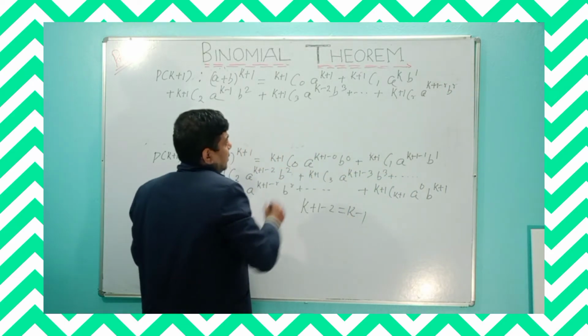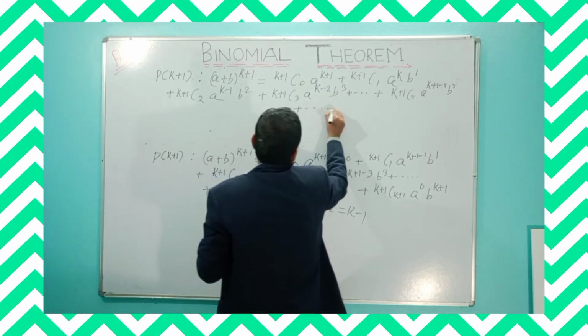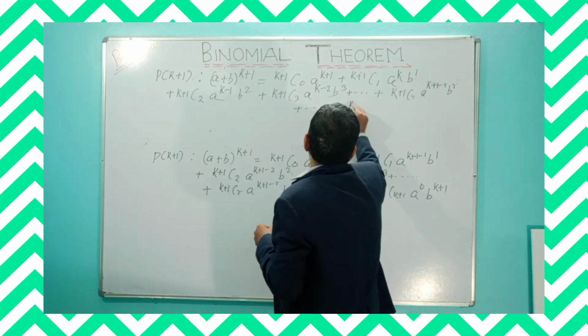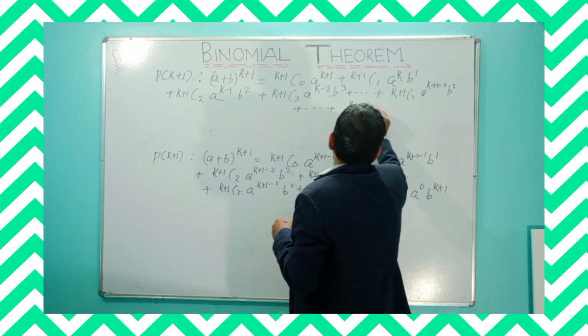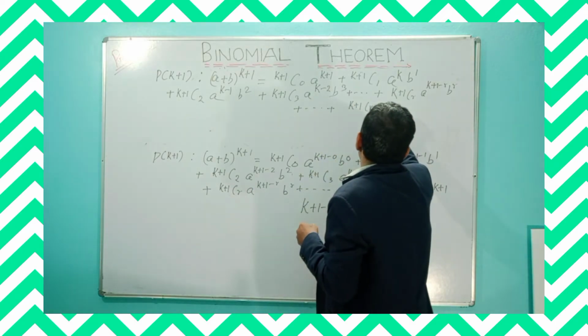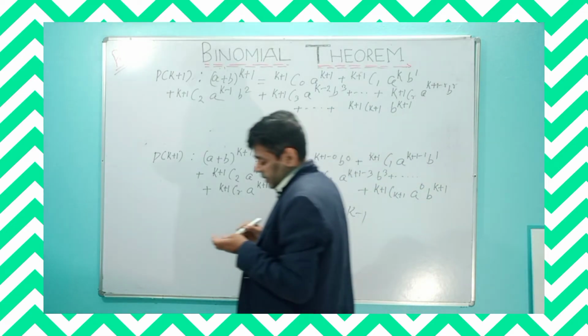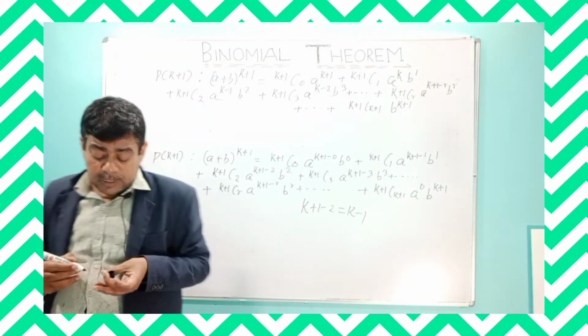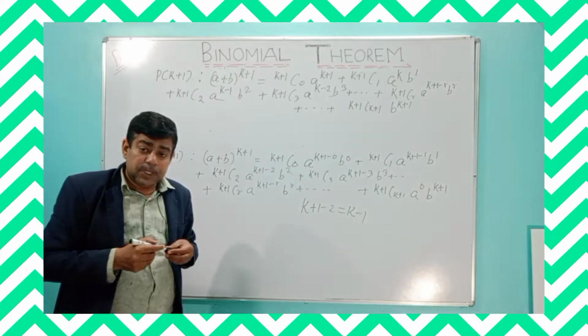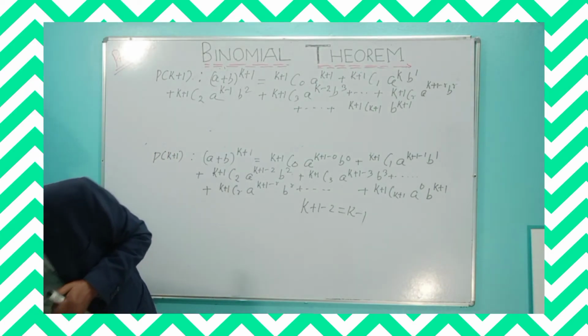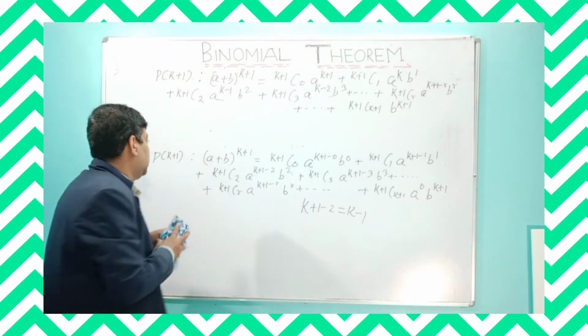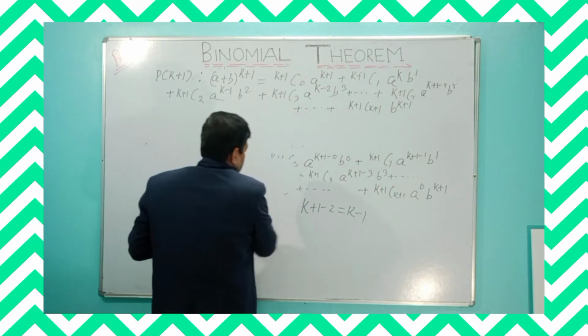Is it clear? Plus up to (k plus 1)C(k plus 1) a to the power 0, b to the power k plus 1, and this statement we have to prove. And if you can prove this statement, then the statement of the binomial theorem is already proved, right? Okay, let's see how to prove this one.